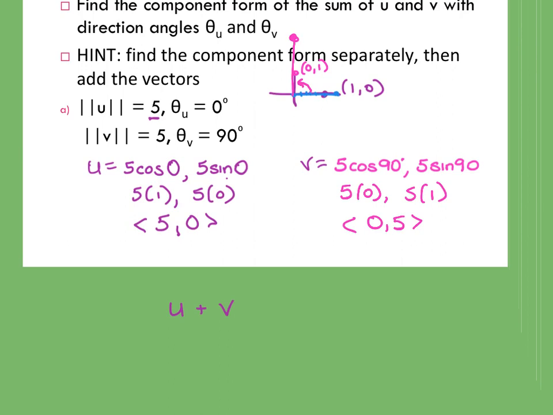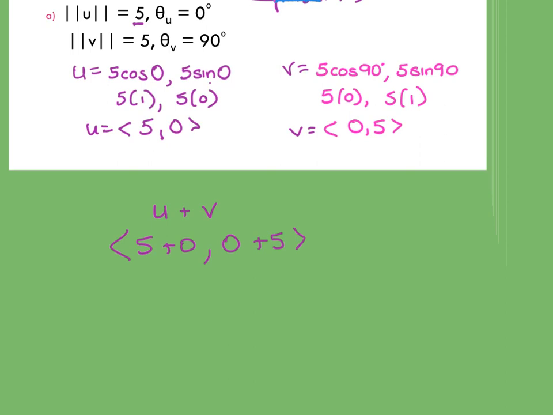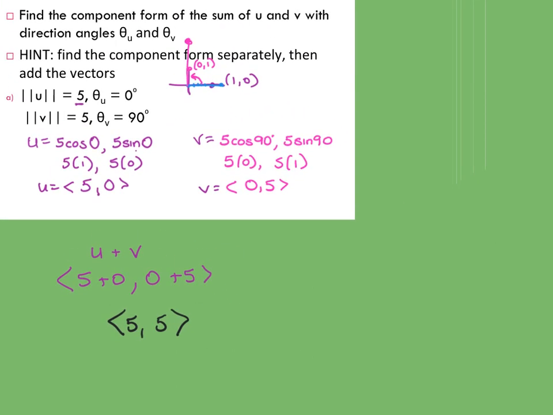So here's my u. Here's my v. And I want to add them. So I get 5 plus 0, 0 plus 5. And this sum would be 5, 5. If you were to graph those, the first one was 5, 0, 1, 2, 3, 4, 5, then 0, 5. Those would be my vectors.